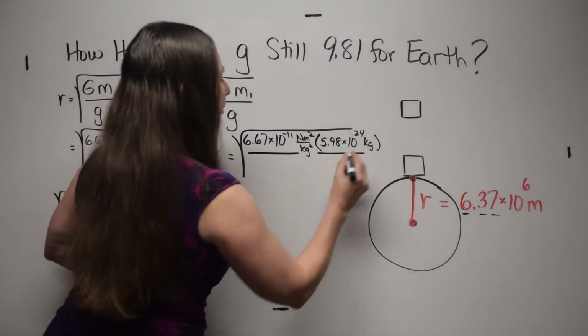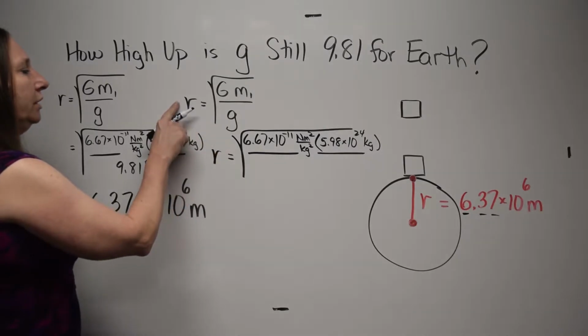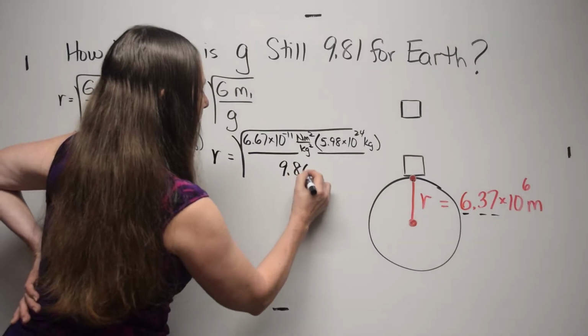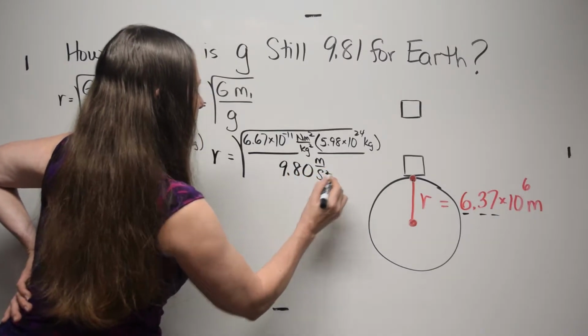Now what we are changing is we want to know what the distance is when g goes down to 9.80 meters per second squared.